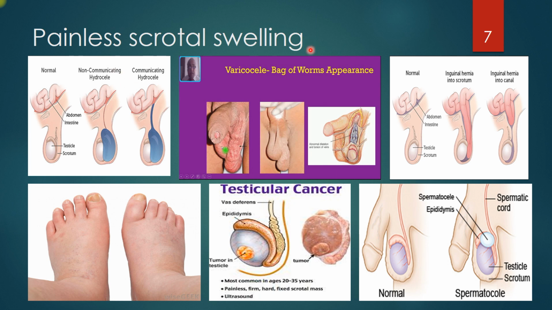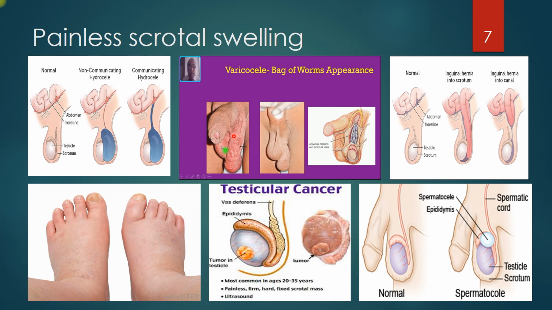What are the causes of painless scrotal swelling? Here is the hydrocele, and we have many types, either non-communicating or communicating hydrocele. Varicocele: we have 3 grades. Grade 1 is palpable on Valsalva maneuver. Grade 2 is palpable without Valsalva maneuver.